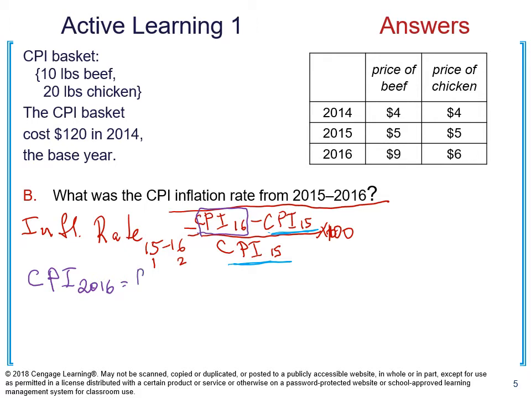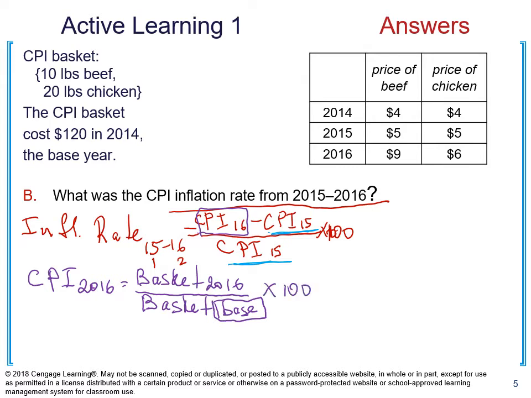Remember, we take the basket cost for the current year. Current year is 2016 because this is the year that we want to find the CPI for, divided by the basket cost of the base year. Again, I'm not putting 2014 over here. I usually like to write that this is the base year, and we need to multiply it by 100.